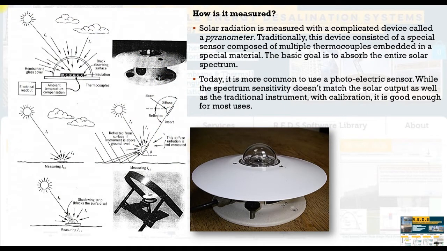How is it measured? Solar radiation is measured with a device called a pyranometer. Traditionally, this device consisted of special sensors composed of multiple thermocouples embedded in a special material.